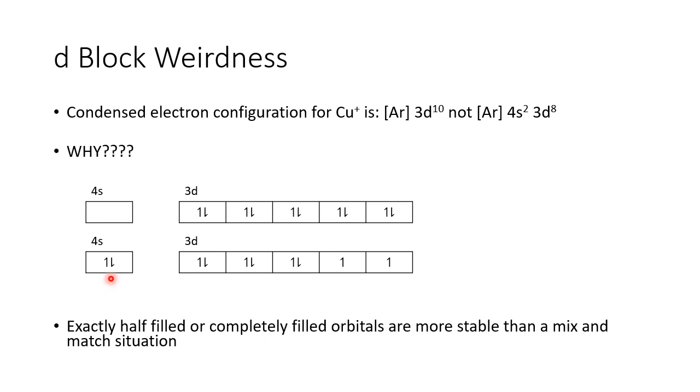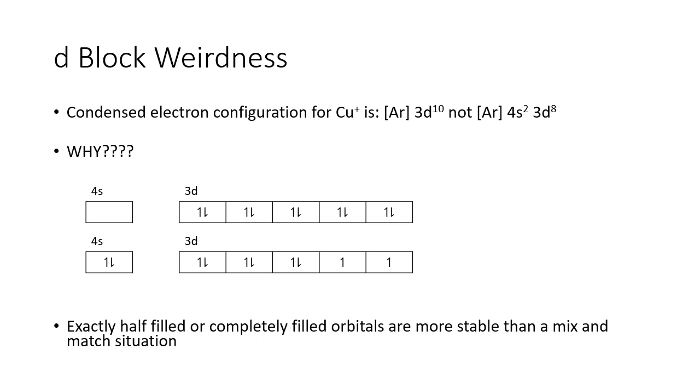If we were to fill the 4s first and then go and fill the 3d, you notice how we have 2 electrons by their lonesome. We have a mix of paired electrons and electrons by their lonesome, and they are not happy. That is not the lowest energy state that you can possibly have. It is more favorable to have electrons matched than it is to have them partially matched and completely matched.